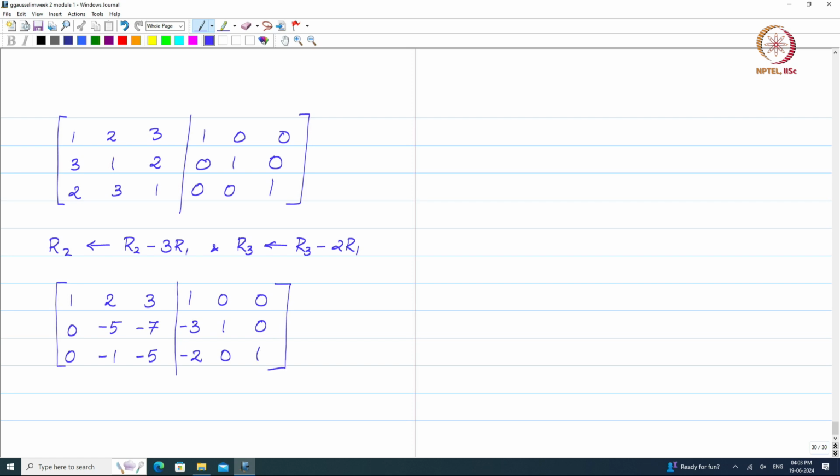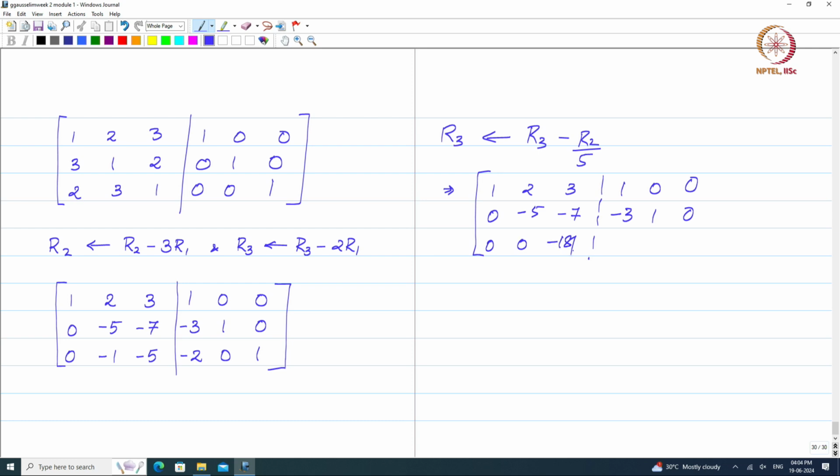R3 tends to R3 minus R2 divided by 5. So, we get 1 2 3 1 0 0, 0 minus 5 minus 7 minus 3 1 0, then the last row 0 0 minus 18 by 5, minus 7 by 5, minus 1 by 5 and 1.